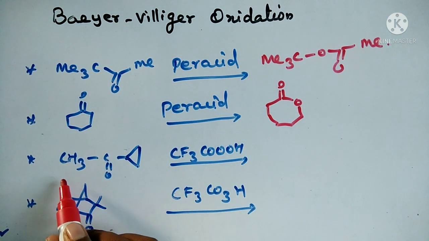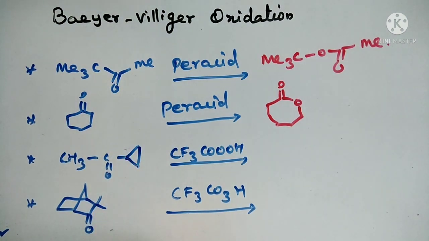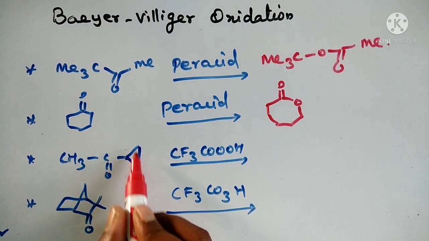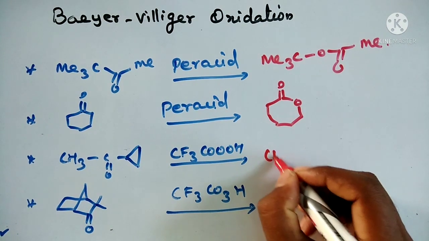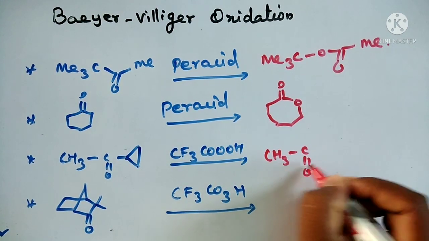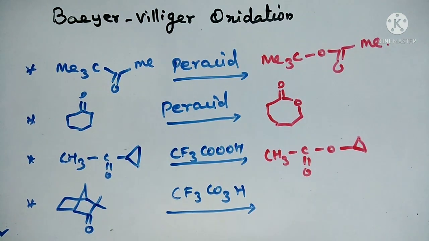In this case, methyl and cyclopropyl. If you compare these two, the cyclopropyl group is preferable than the methyl. CH3-C=O, then cyclopropyl.